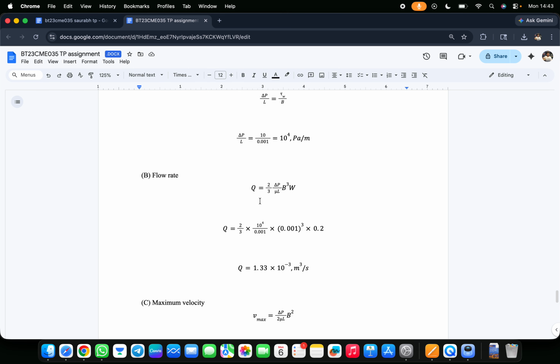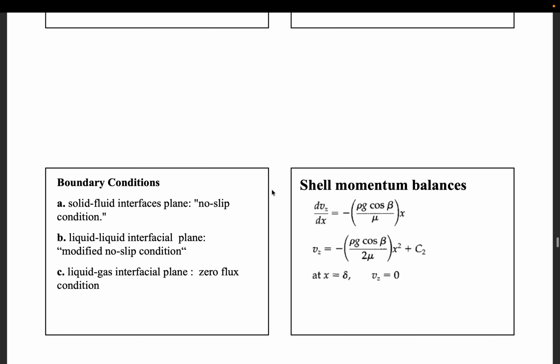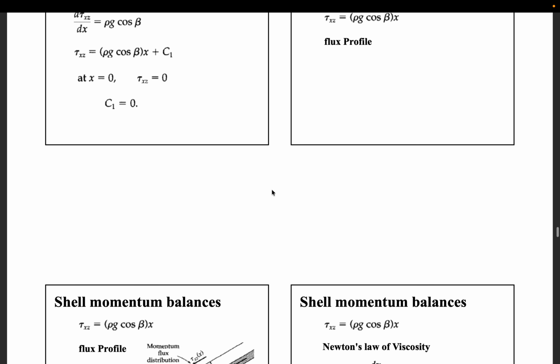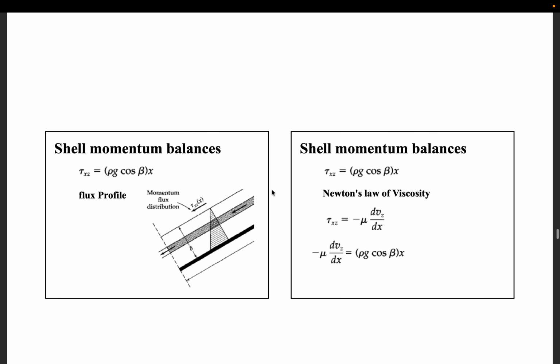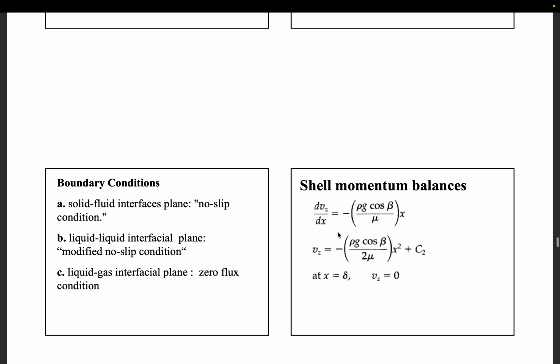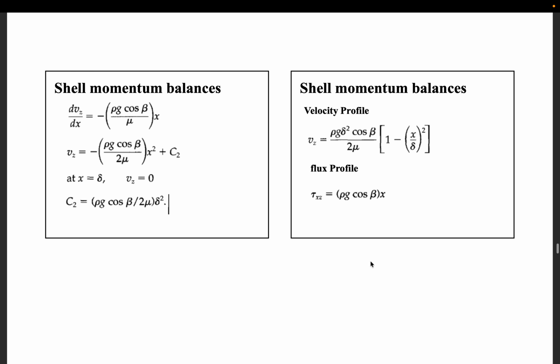So we have to find the maximum velocity. Where will the maximum velocity be? This is the tau, and when we differentiate, after putting the C2 we have the velocity like this.